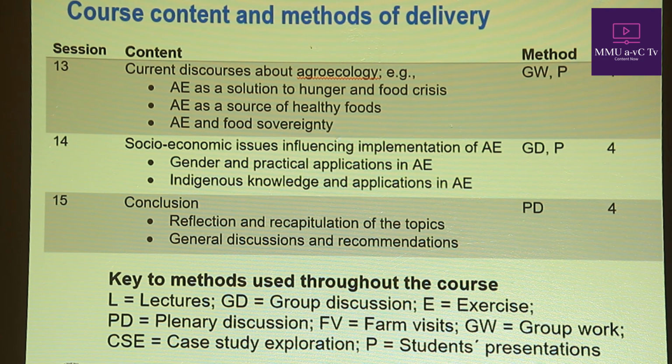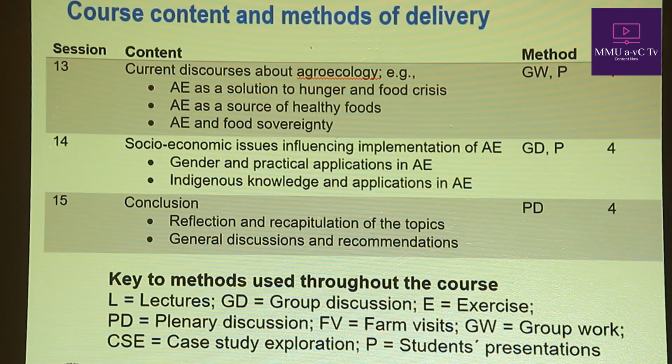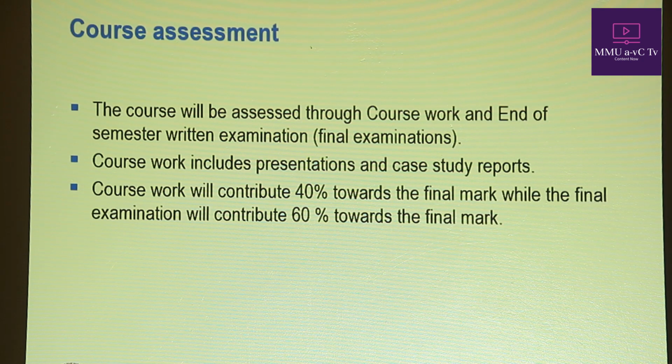We also look at the source of healthy foods and the food sovereignty perspectives in agroecology. Then we will look at socio-economic issues, including gender and indigenous knowledge. We also will eventually conclude this course by reflecting on the entire course and looking into the key lessons that have been learned.